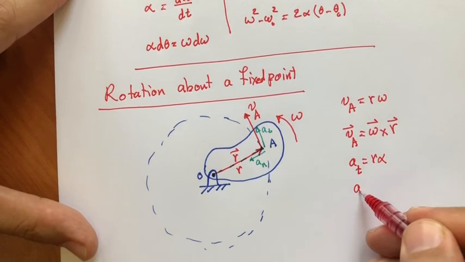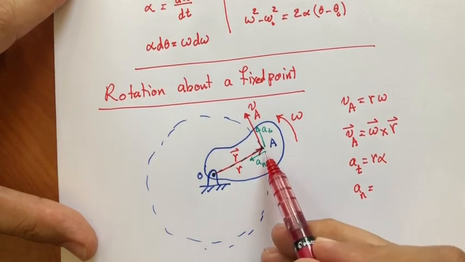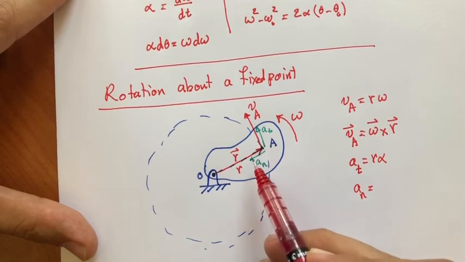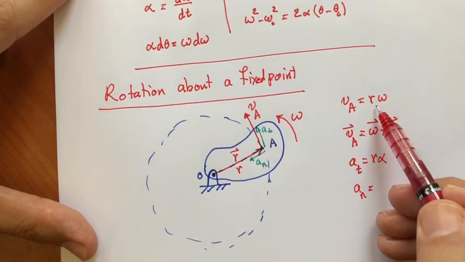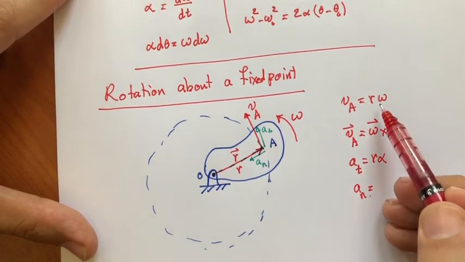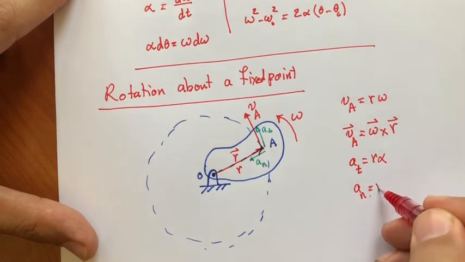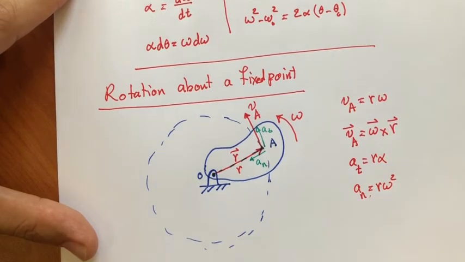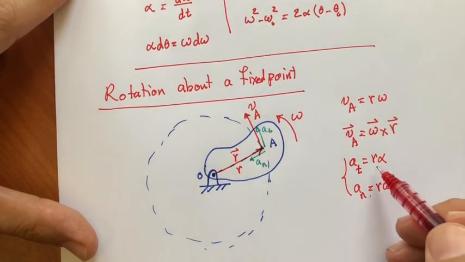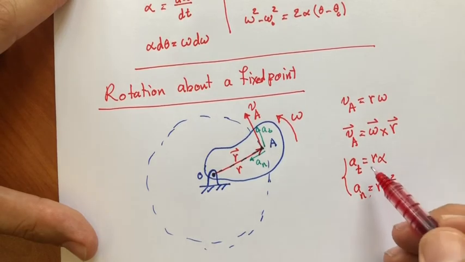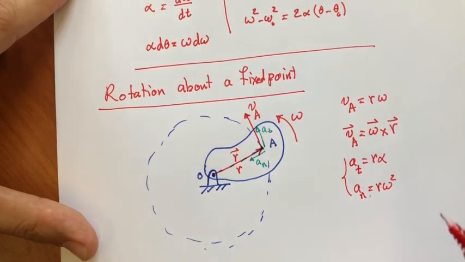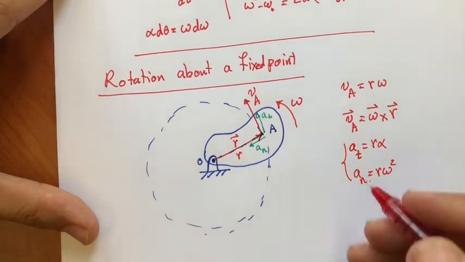And acceleration in the normal direction, if you remember, is velocity squared divided by r. And velocity is r omega. So an is going to be r omega squared divided by r, which is equal to r times omega squared. We can do the same thing here. Acceleration of A can be written in a vector form too.